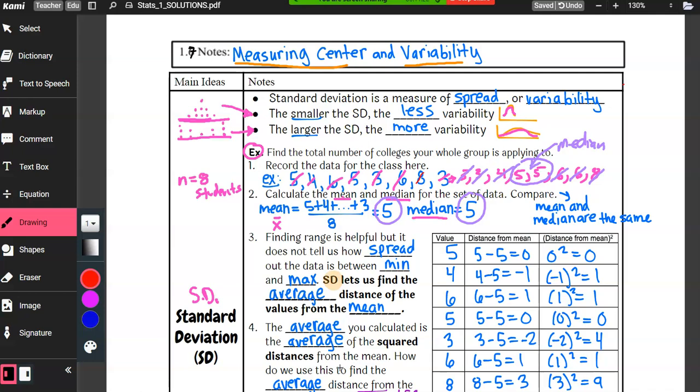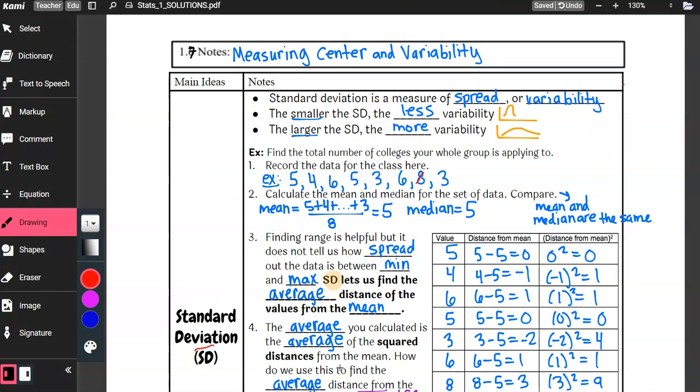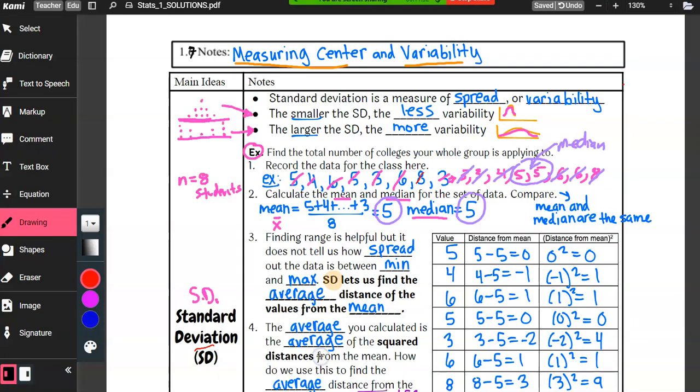So this whole table, this is the long way, how to calculate the standard deviation by hand.